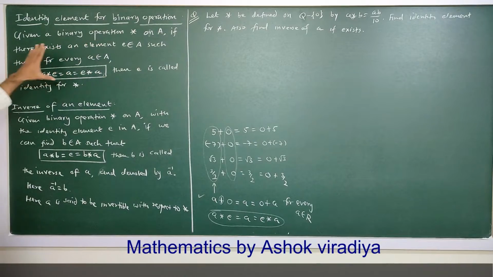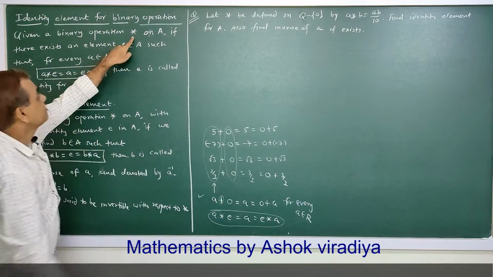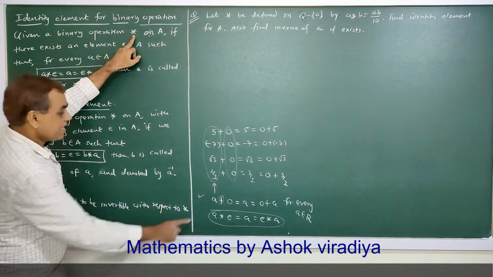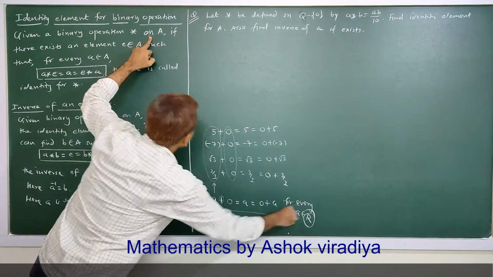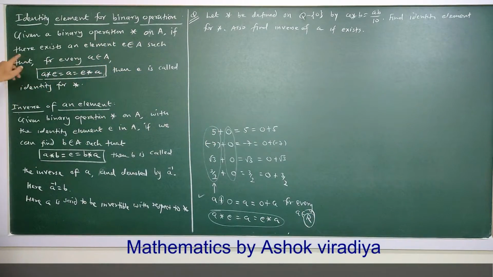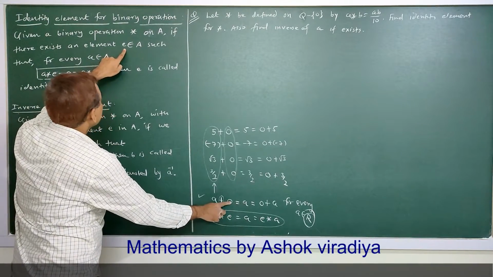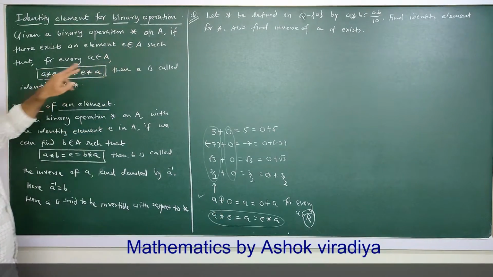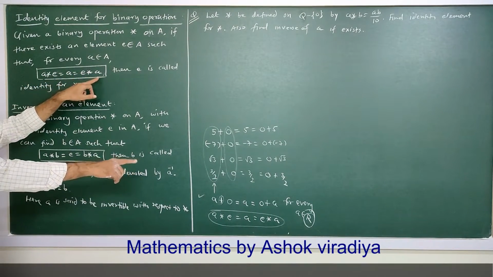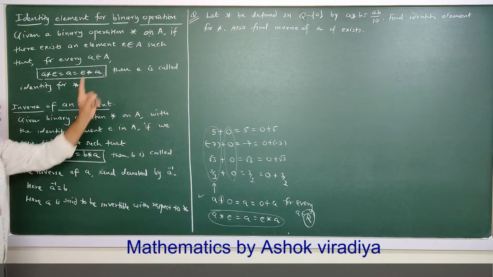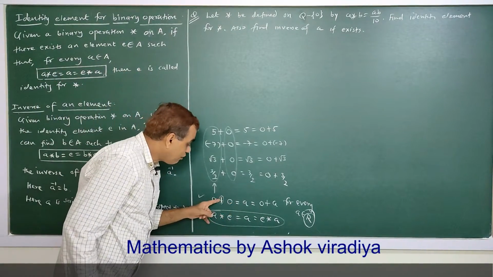Now these words I am speaking by replacing this star by this plus addition. So say binary operation addition on set of real numbers. Here there exists 0. What is E? 0. Here there exists 0 such that A plus 0 is A equal to 0 plus A. So 0 is called identity for addition.